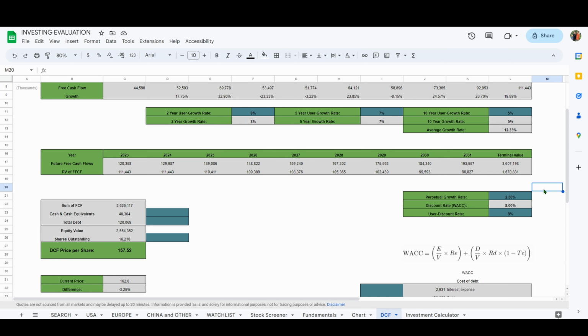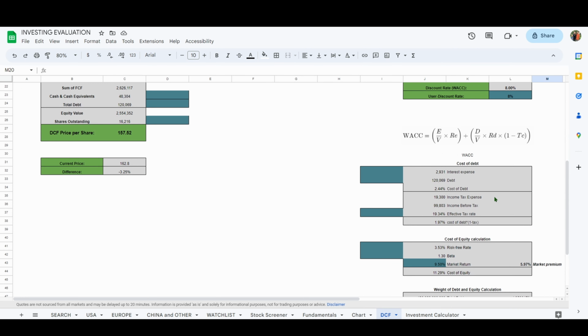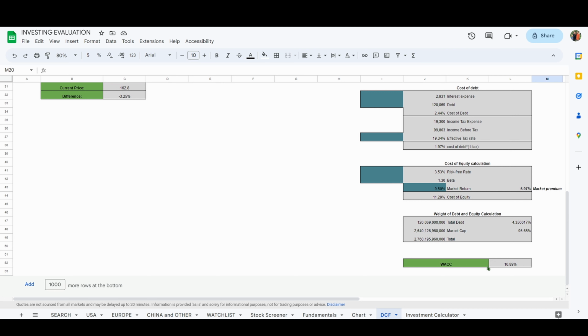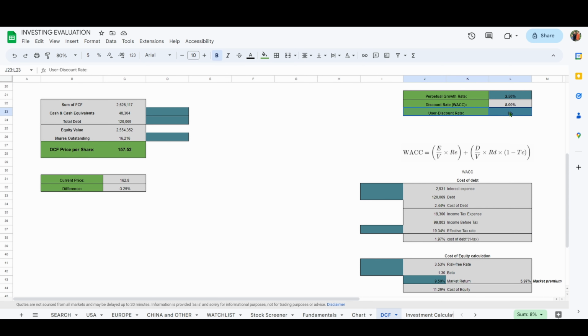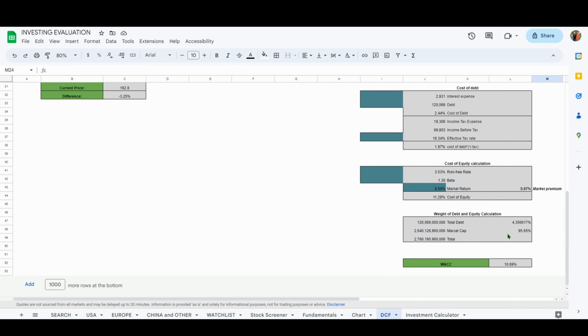So inflation is 2%, so the money will actually have 2.5% less value in a year. And it also calculates the other metric called discount rate.